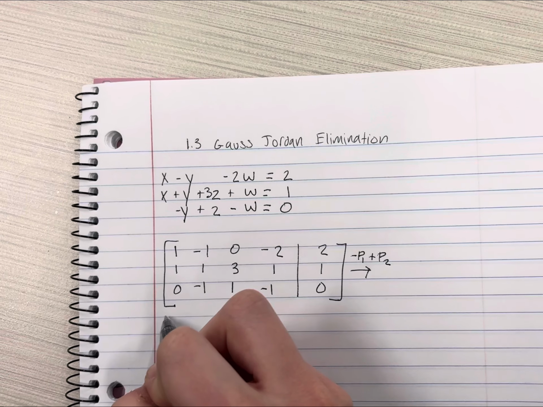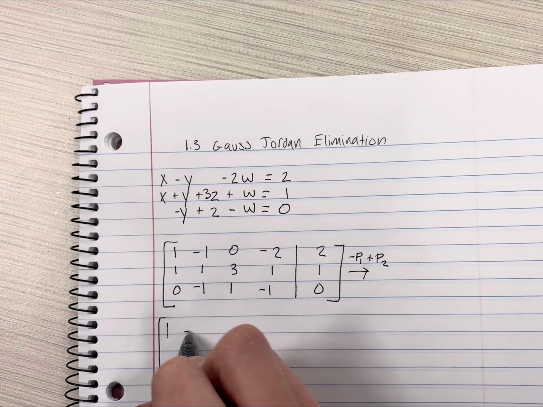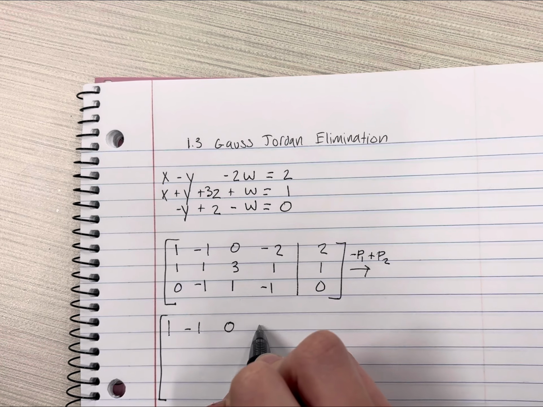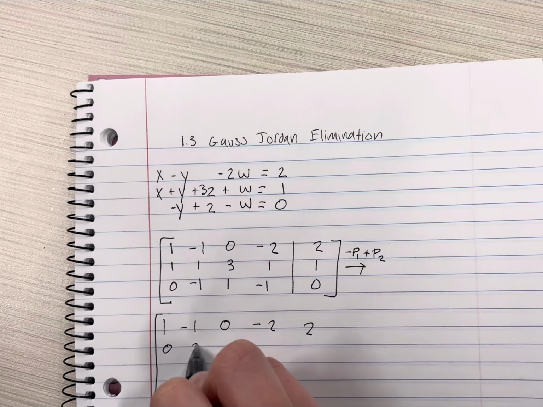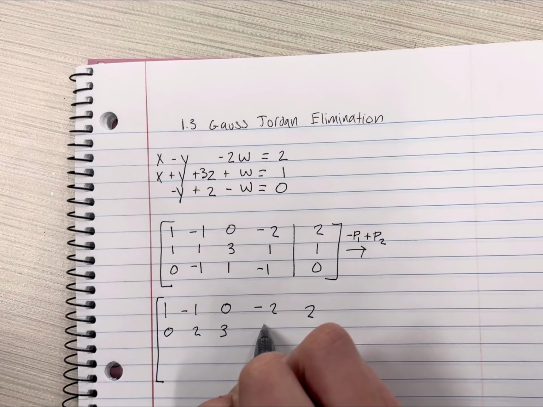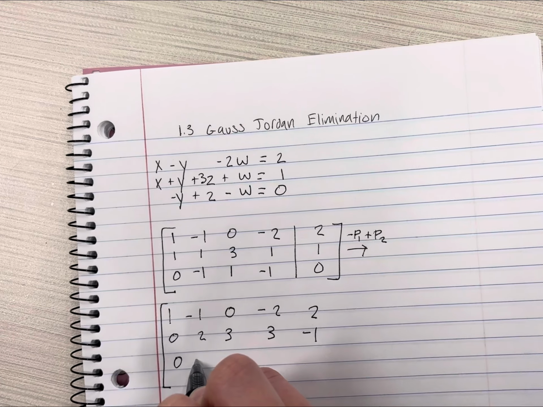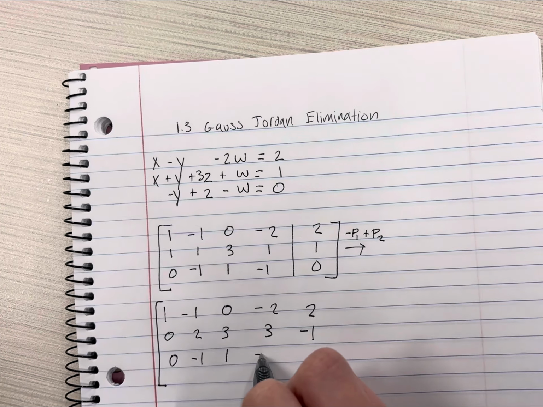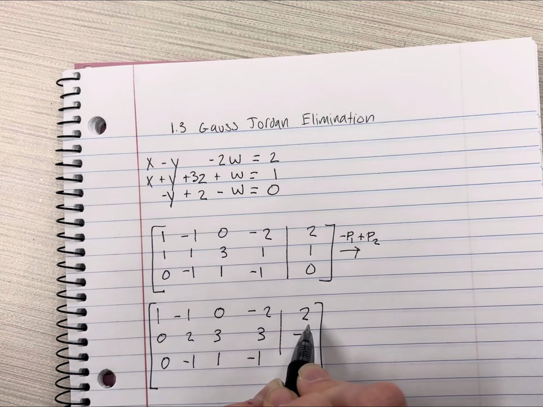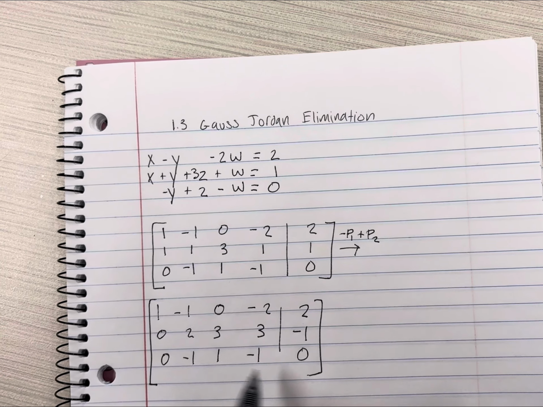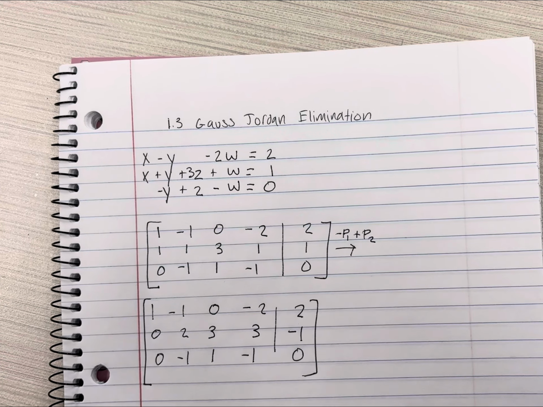The resulting matrix will be 1, -1, 0, -2, 2, 0, 2, 3, 3, -1, and 0, -1, 1, -1, 0. Notice how the first row didn't change and the third row didn't change. The only row that we're actually altering with the row operations is this second row.